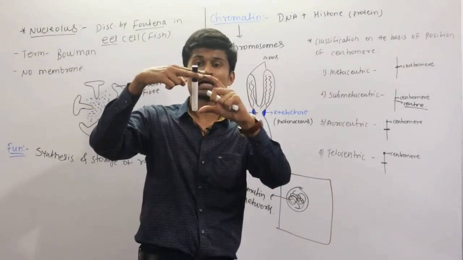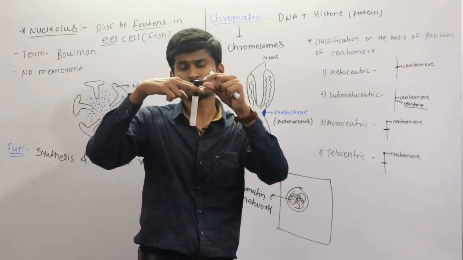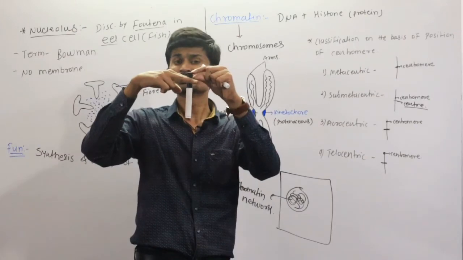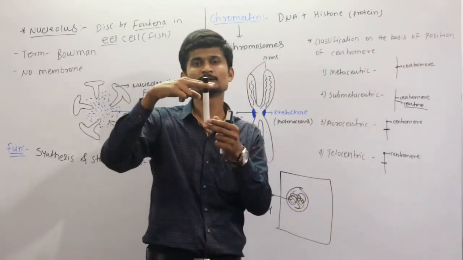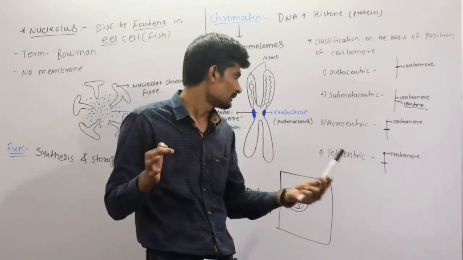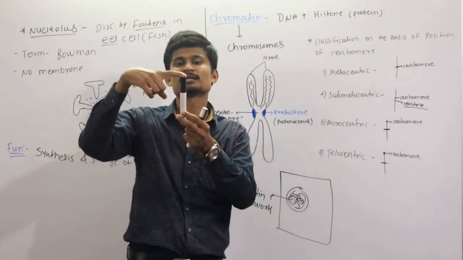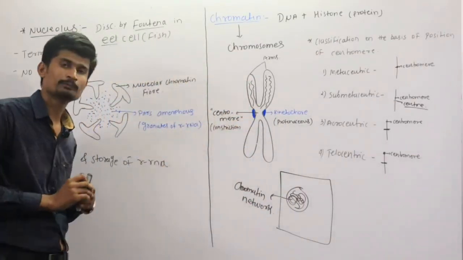That's why one arm is very large and the other arm is very short. And in the telocentric chromosome there is only a single arm, because the centromere is present at the tip. So this is the classification of the chromosomes.